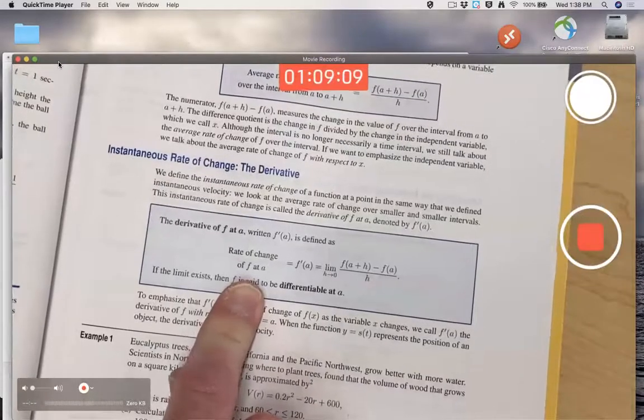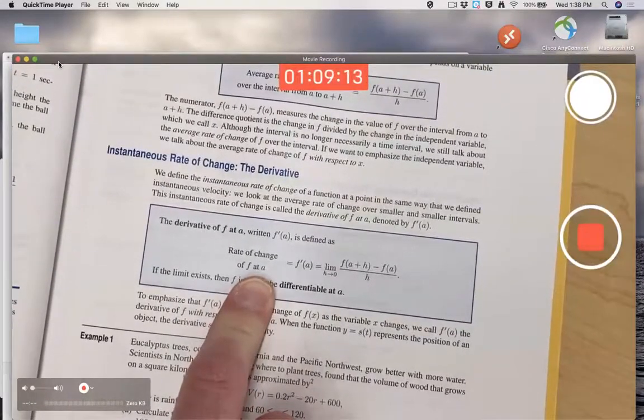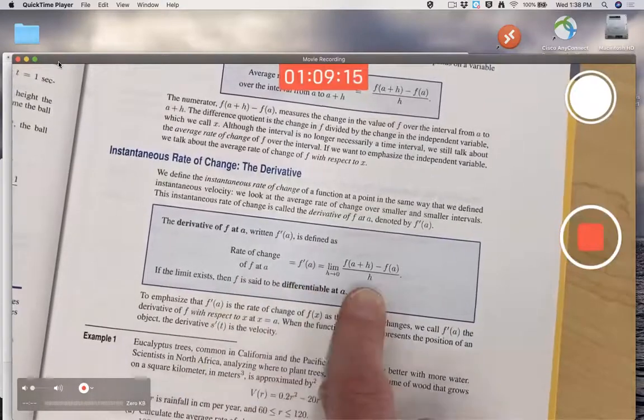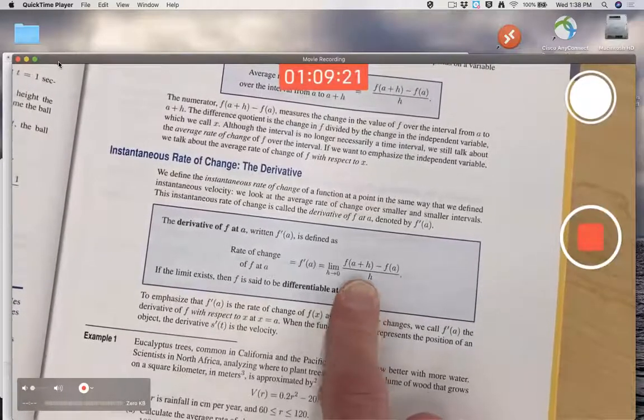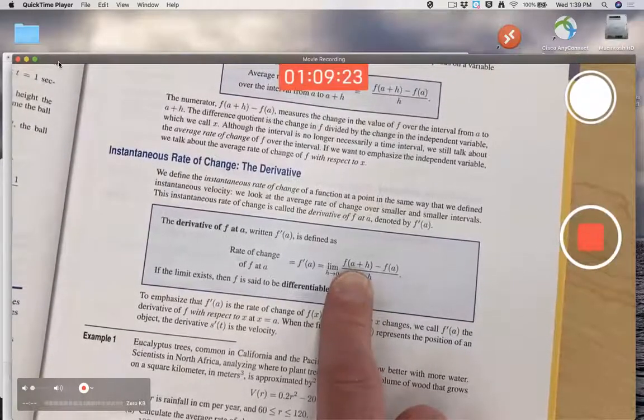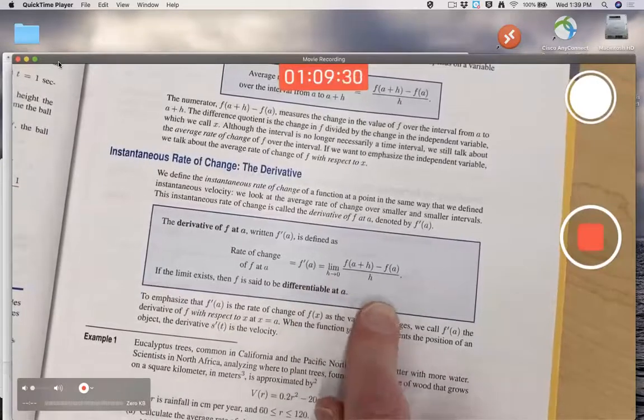Rate of change of the function at a, emphasis on the word at. f'(a) is this limit. Same kind of limit we've been doing. For our example today, a was 1 for the first example and 0 for the second example. And we use delta t instead of h, but it's the same idea.